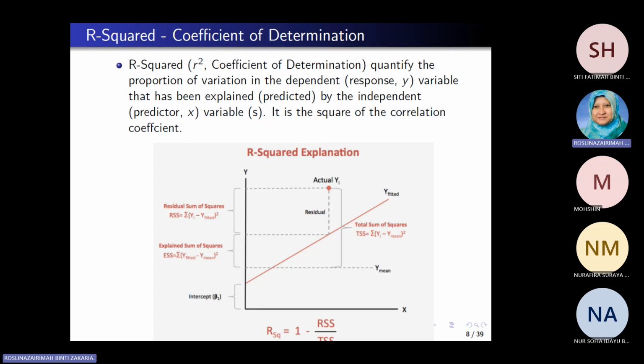The correlation coefficient gives the direction and strength of the relationship, whereas R squared will tell us the contribution of the independent variable towards the dependent variable. It quantifies the proportion of variation, how much variation in the dependent variable is contributed by, or can be predicted by, the independent variables.